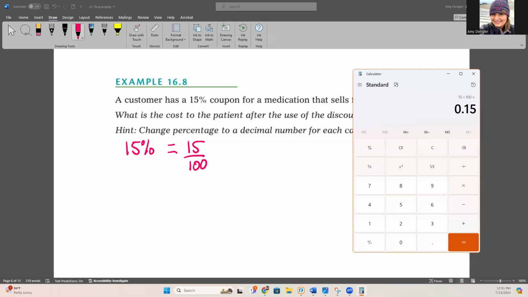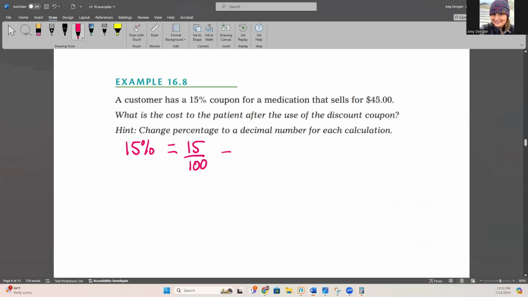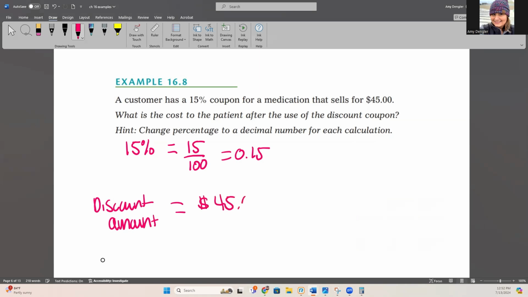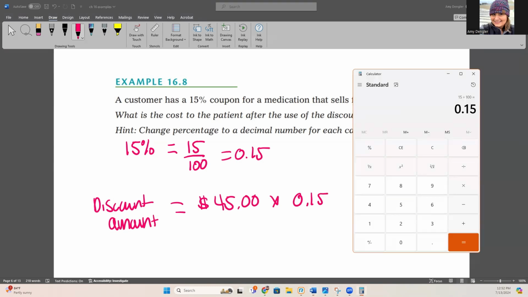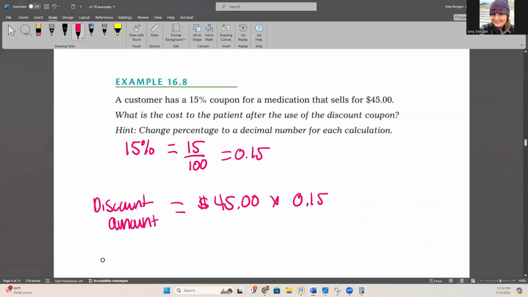And that gives us 0.15. And then to find the discount amount, we are going to take the $45 and multiply that by 0.15.